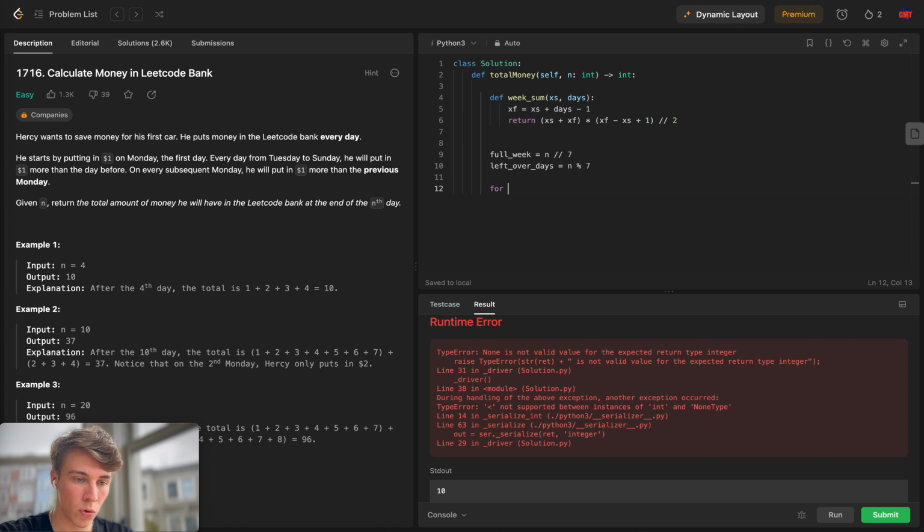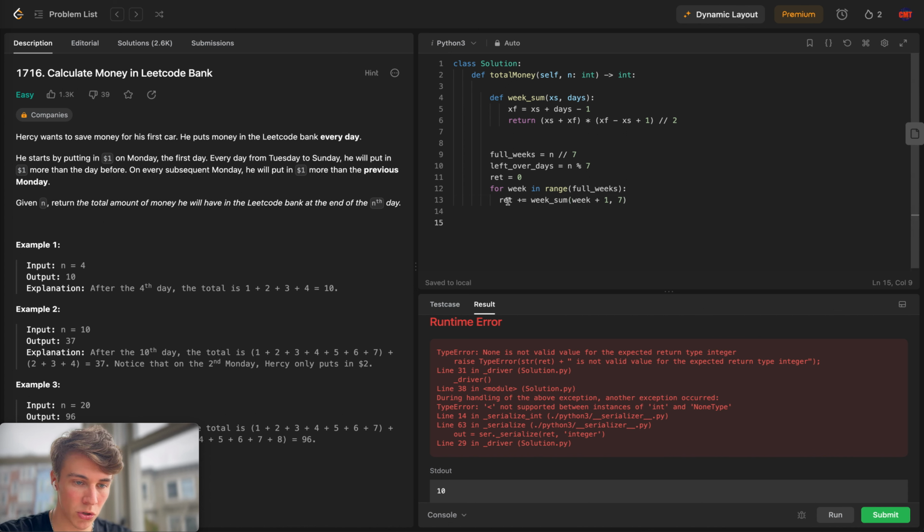Now for week in range full weeks, I'm going to say that I need this value here. S is equal to, this is my return value. It's going to be ret plus equals week, starting with week 0 but plus 1, and always 7 because we're completing the week here.